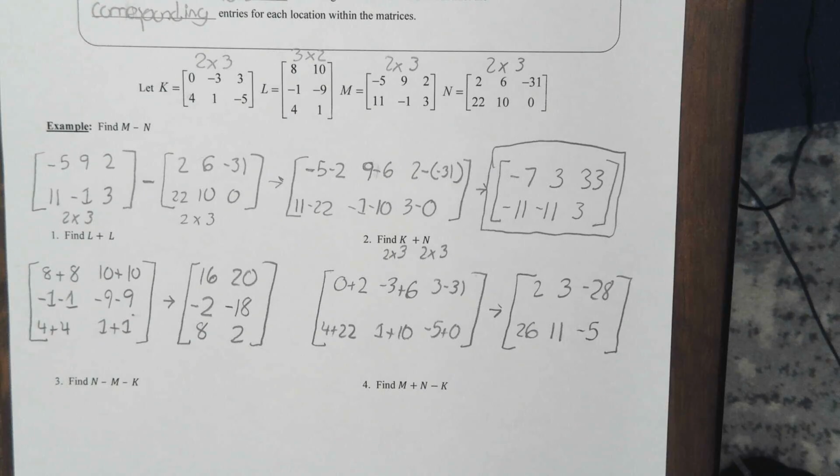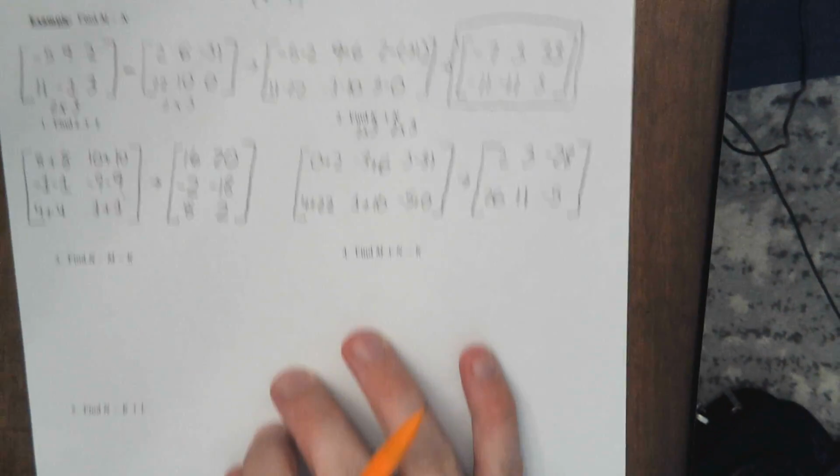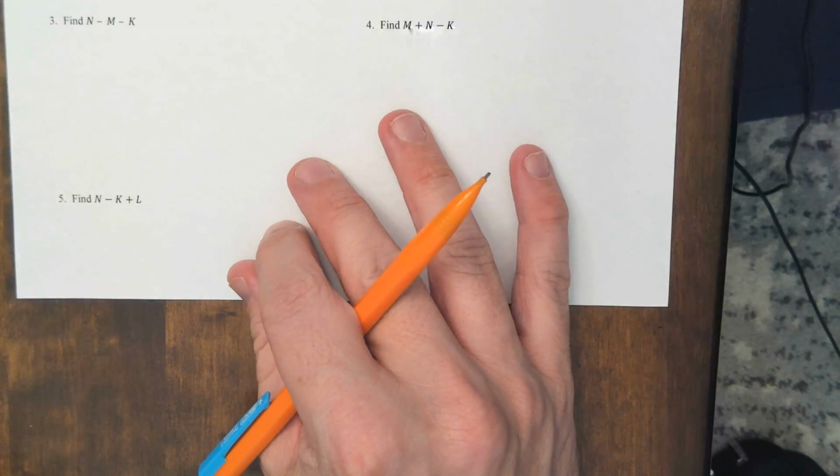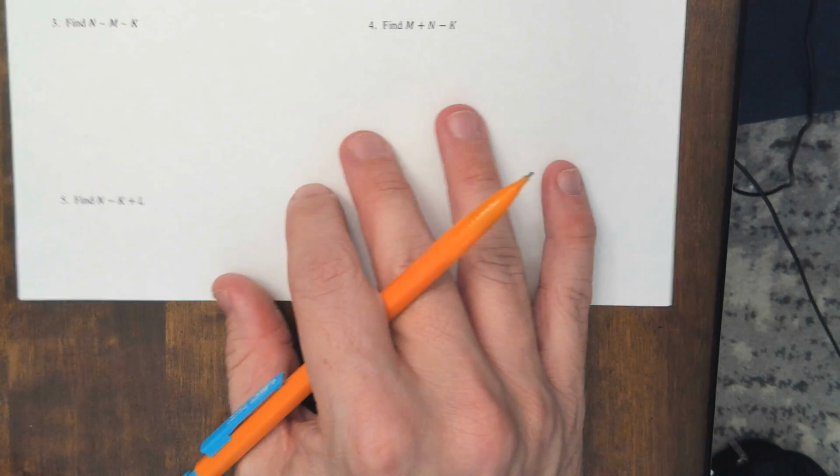All right, 3. So now we're doing multiple matrices here. We were just doing 2. You can also do 3. So n minus m minus k. Okay.